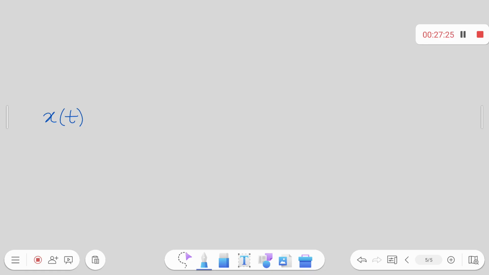Suppose I have a signal x of t, and let's assume this signal is a voltage signal as a function of time.